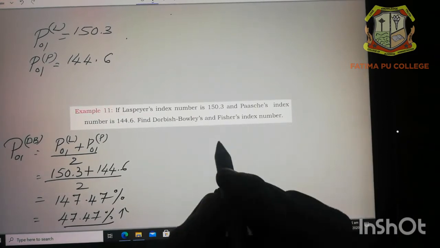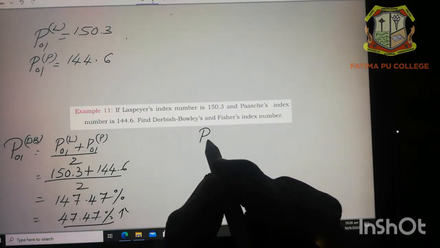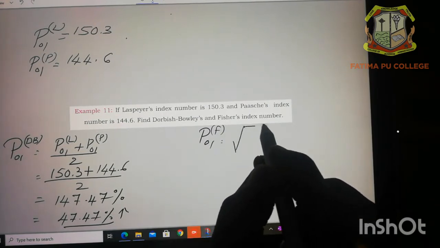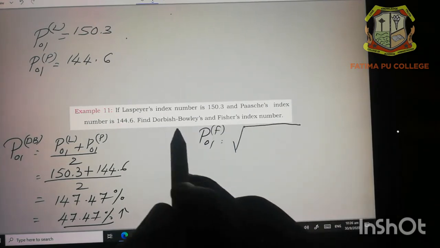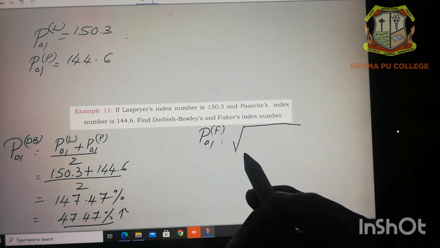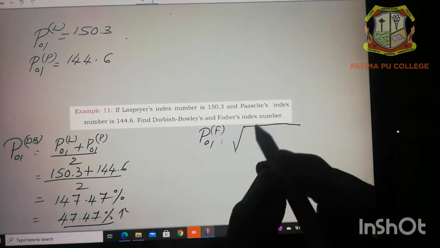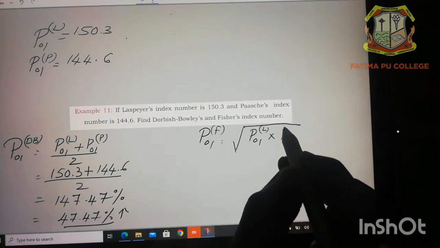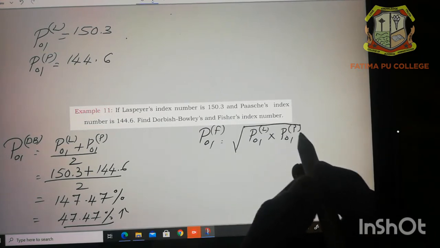Now for Fisher's index number, the relationship between Laspeyres' and Paasche's is that Fisher's index number is the geometric mean of Laspeyres' and Paasche's, students.